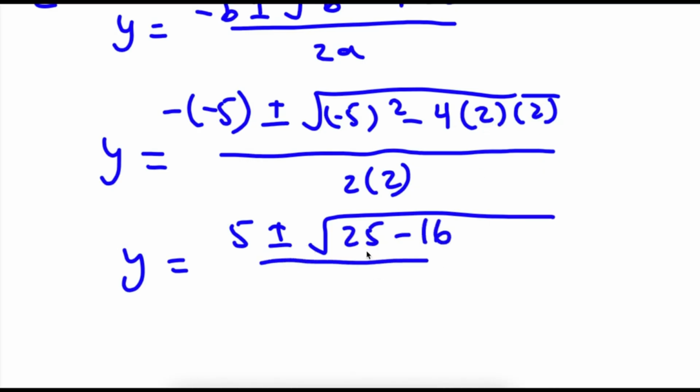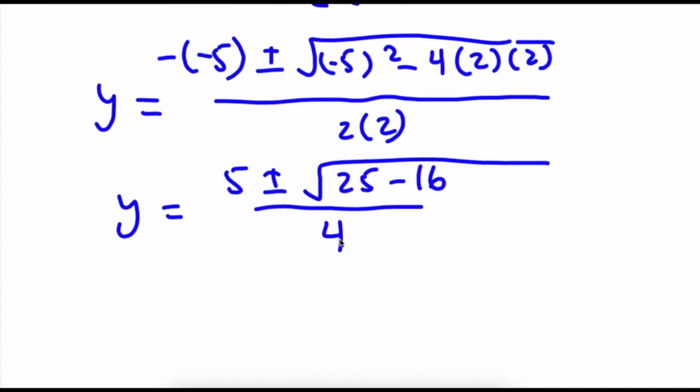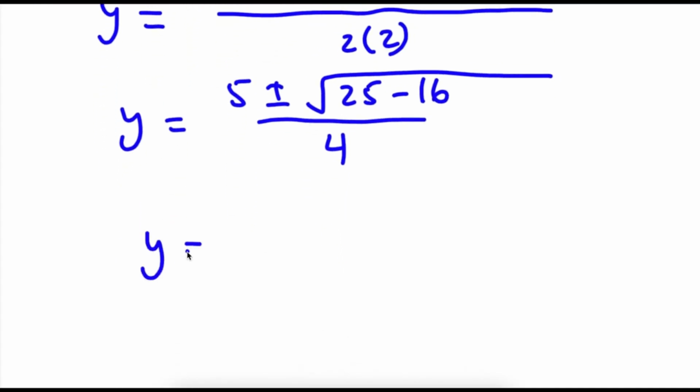Now I'm dividing this by 2 times 2, which is 4. Now, I have y is equal to 5 plus or minus the square root of 25 minus 16, that is going to be 9, over 4.